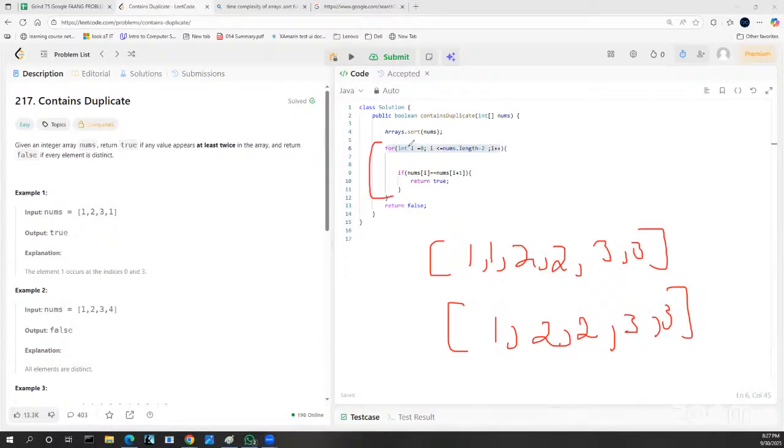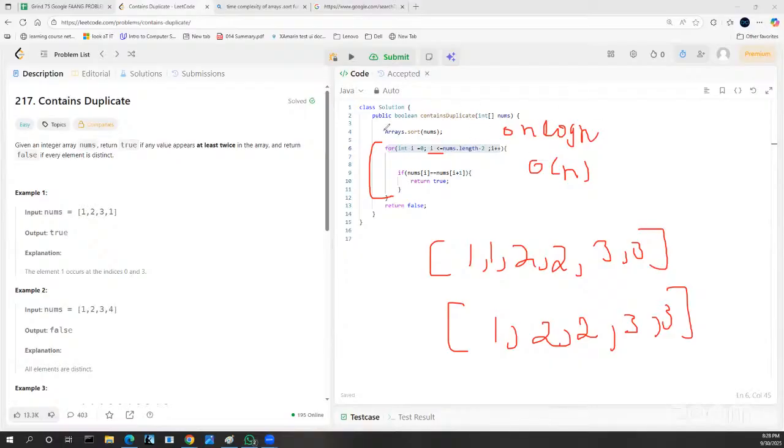And what I'm doing is going not all the way to the end, but to the second last index. I'm checking at each index whether the next element is similar to the one that my i is at currently. So if this is O of n log n, and if this is O of n, why did this log come over here?